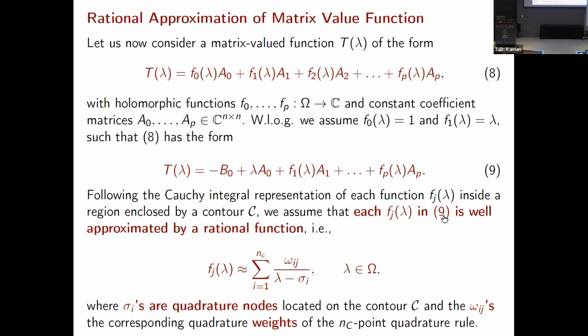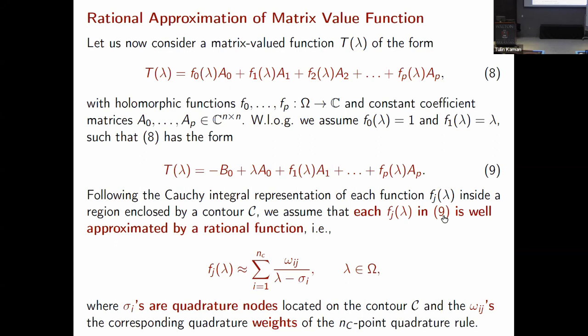So we say, okay, since we have those coefficients being functions of lambda, why don't we use the idea of Cauchy integral to approximate these functions using contour integral? Using the Cauchy integral theorem, we should be able to approximate fj of lambda by some rational function of this point.